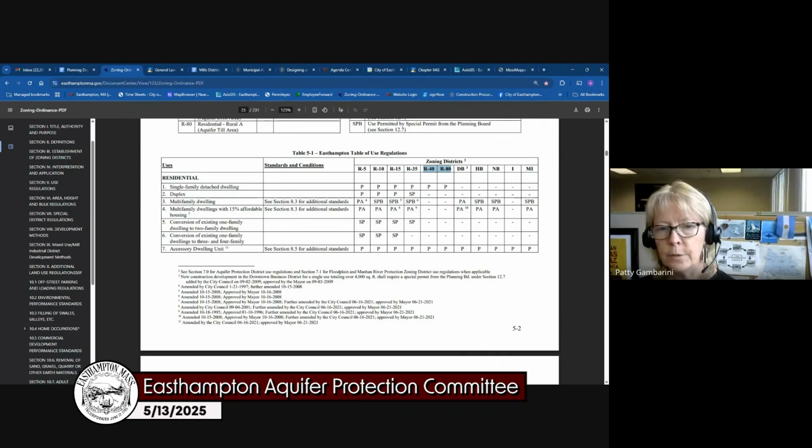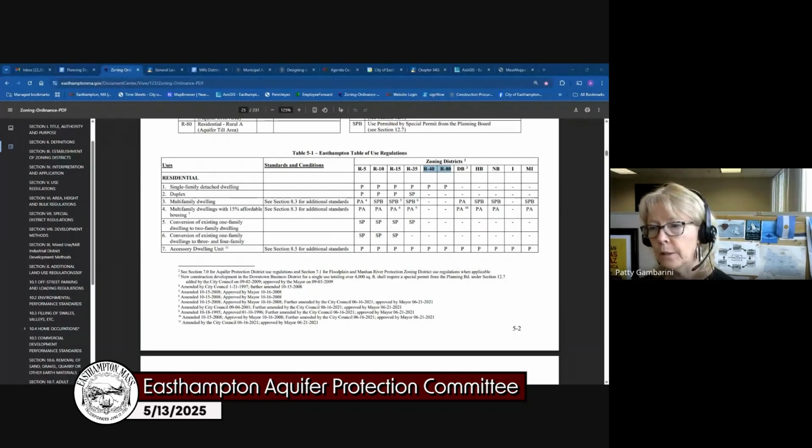And then single family detached and accessory dwelling have septic system requirements where there isn't city sewer available, and that's based on Title V. So that's something we would add to the Aquifer Protection Overlay District, right? Because it has to be by right.